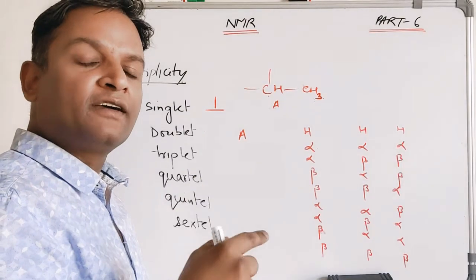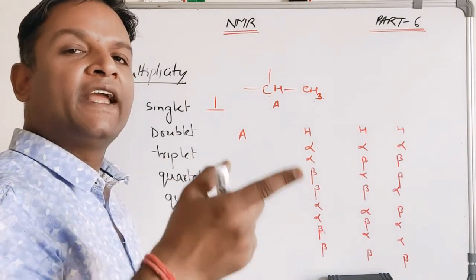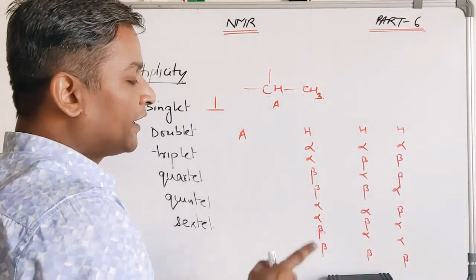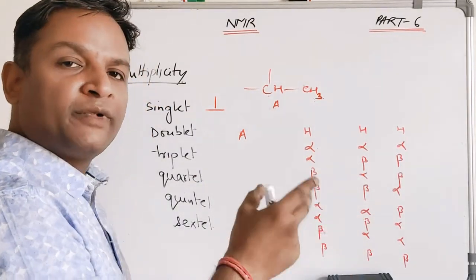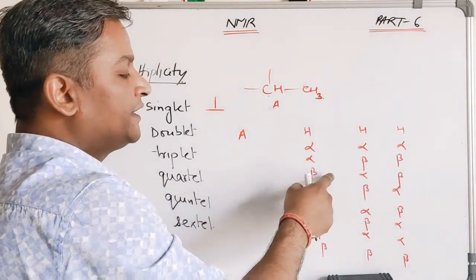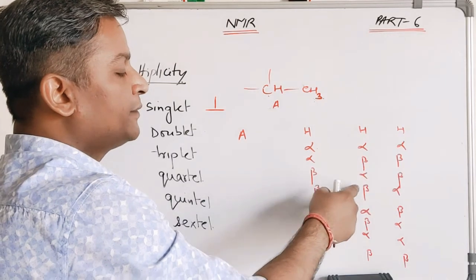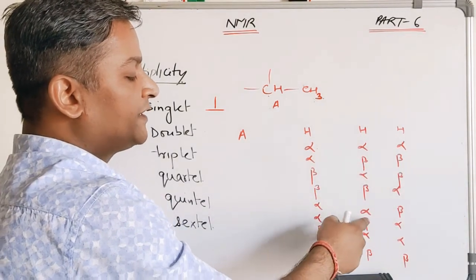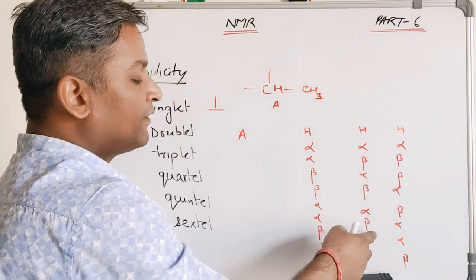But in case of beta, all of them are in opposition to the external magnetic field. And other than alpha, alpha, alpha and beta, beta, beta, we have alpha, beta, beta, beta, alpha, beta, beta, beta, alpha, alpha, alpha, beta, alpha, beta, alpha, alpha.